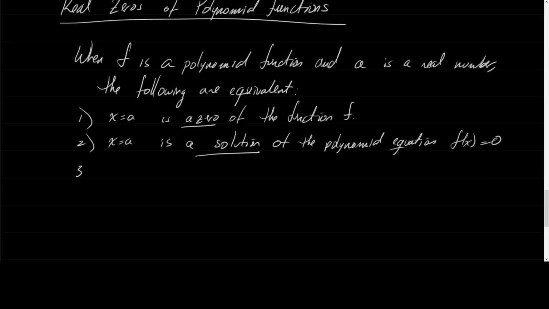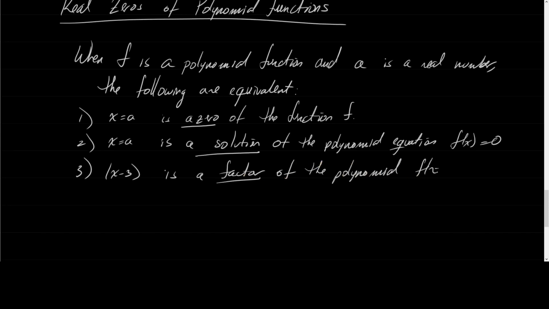It is also equivalent to say that the term x minus 3 is a factor of the polynomial f of x. All right, so if x is equal to, well, I don't know why I wrote 3. I should have said x minus a. There we go. So if I say x is equal to a, if that's a 0 of a function, I could also say x equals a is a solution of f of x equals 0.